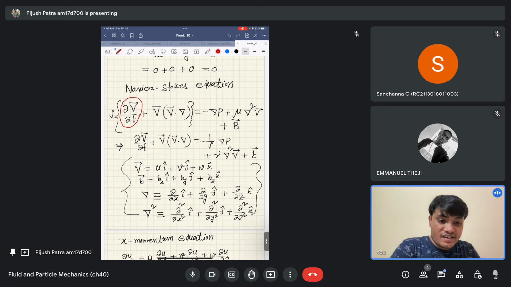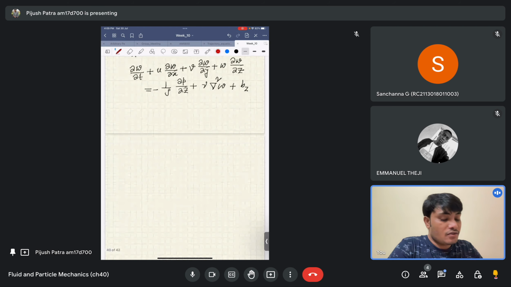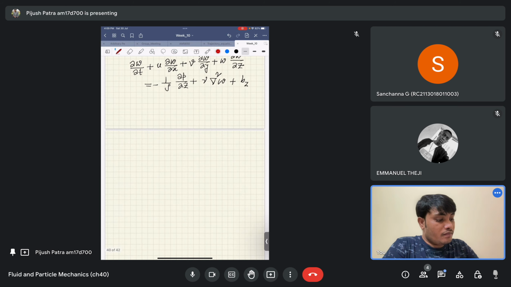This is the pressure gradient term. This is the diffusion term. And this is the body force term. This entire left hand side is called the material derivative. That means I can write later that capital D/Dt stands for the material derivative.